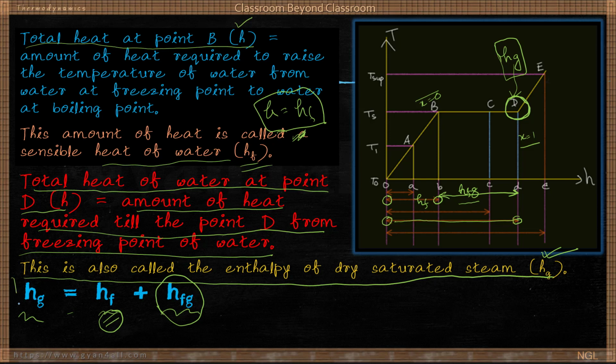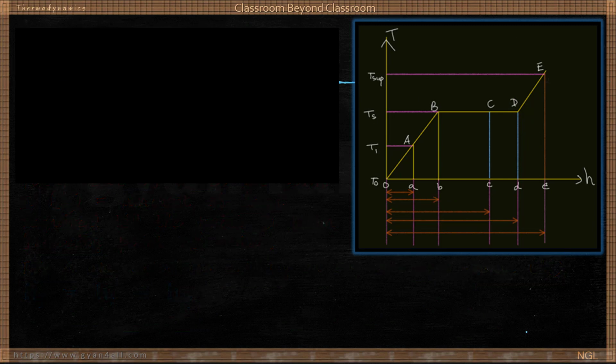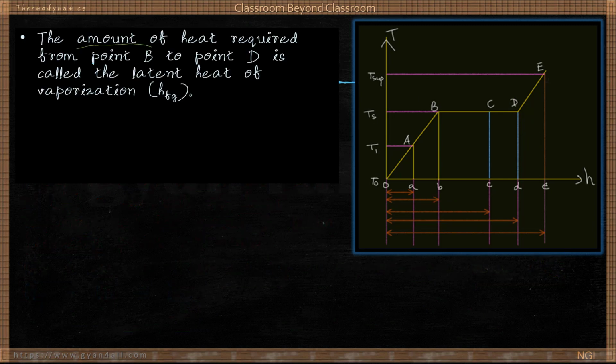So Hg is total heat of what? Dry saturated steam. So till now it is okay. Till now we have learned what is Hf, what is Hfg, that is the latent heat, and also we have come to know what is Hg. The amount of heat required from point B to D is called the latent heat of vaporization, Hfg.